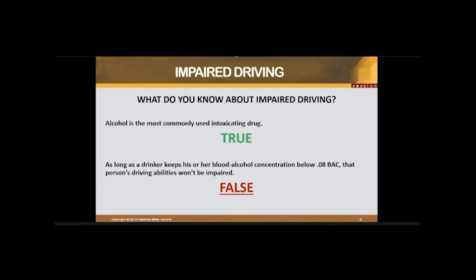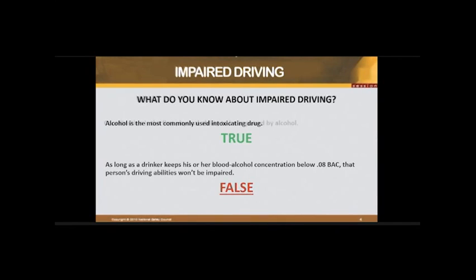In addition, zero tolerance laws are designed to prevent drivers younger than 21 from drinking and driving. Employers may also have a zero tolerance rule for employees operating motor vehicles as part of their jobs, and we here at the city do implement this. A violation of this rule may result in loss of your job.